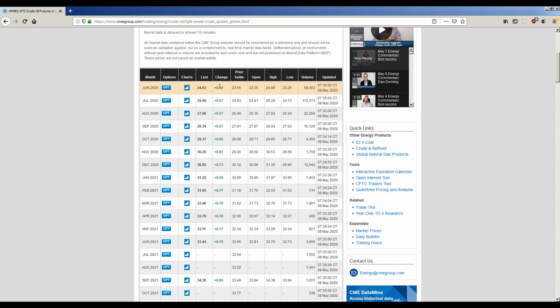Okay, and what do you notice about the further forward in time you go? What do you notice about the price, if you wanted a contract that expires further in the future? Are you having to pay more per barrel or less for the right to hold that contract longer? What are you noticing about the price? Higher or lower? Yeah, they're higher, right?